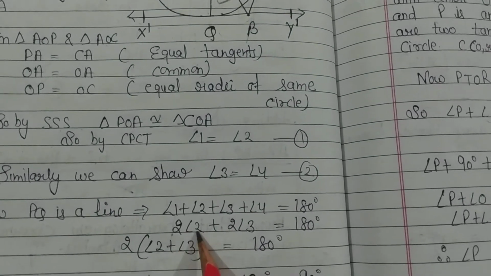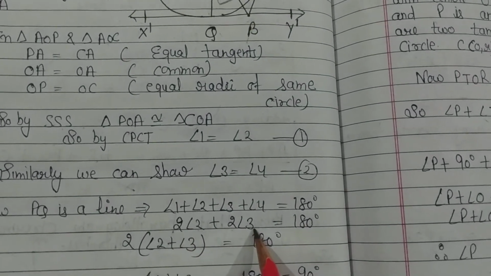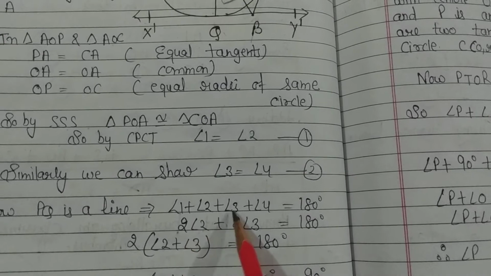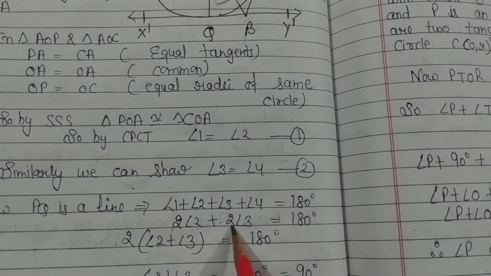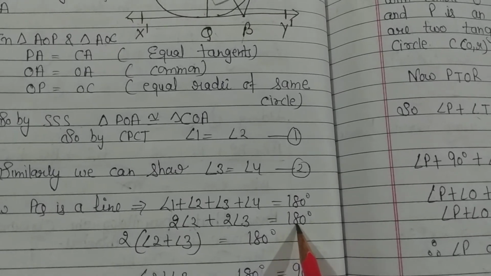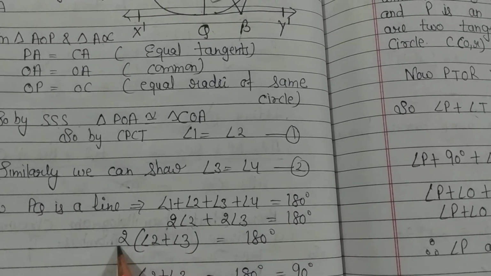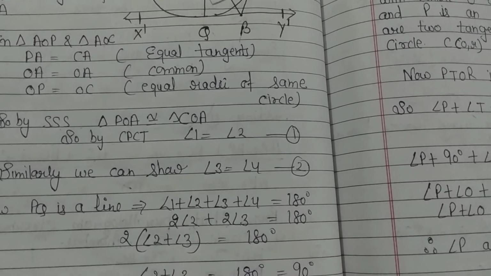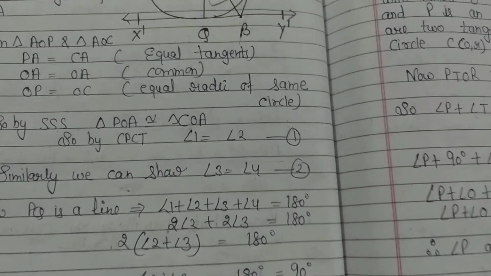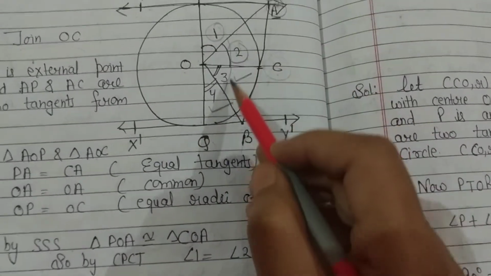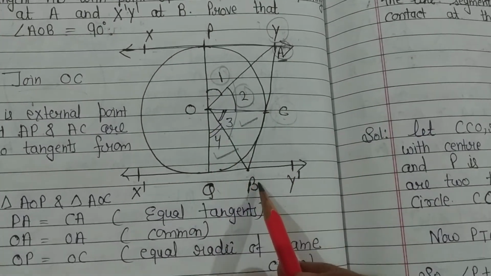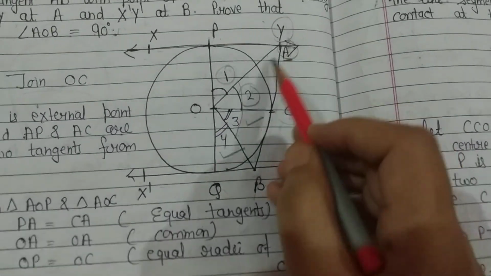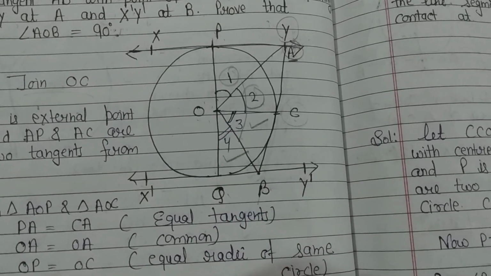Now, twice angle 2 plus twice angle 3, because angle 1 and 2 were equal and angle 3 and angle 4 were equal, is equal to 180 degrees. I have taken 2 as common. So angle 2 plus angle 3 is equal to 90 degrees. And angle 2 plus angle 3 is forming angle AOB. So angle AOB is 90 degrees.